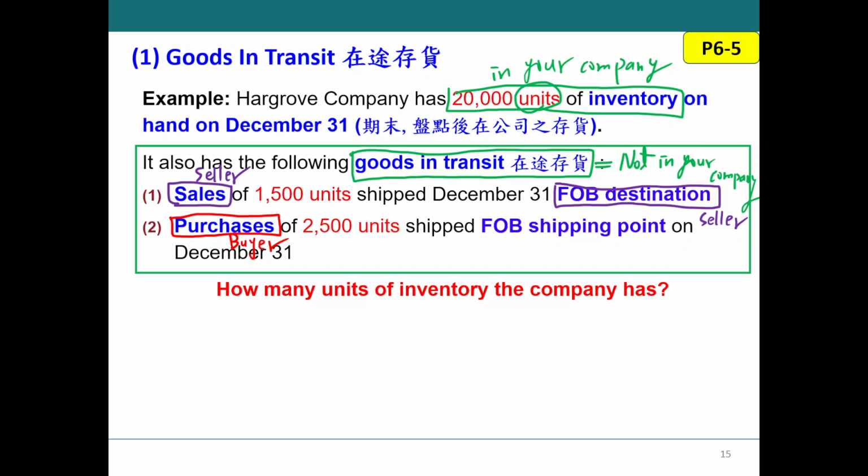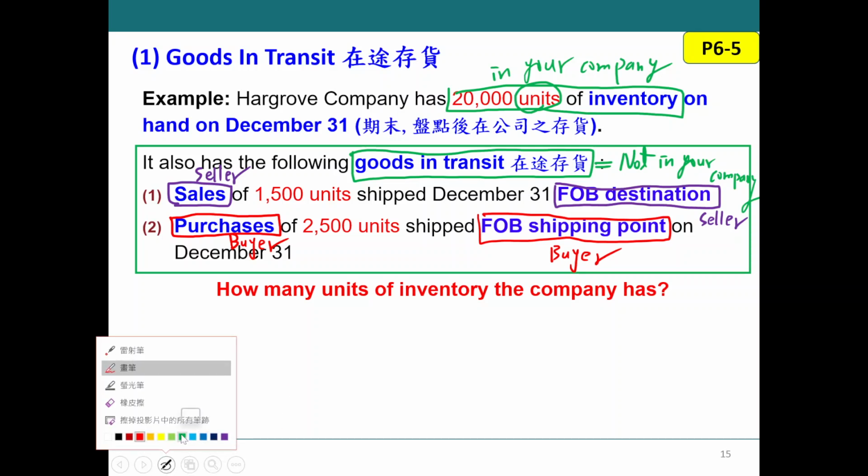So shipping point told you the two apples belong to buyer. So is it yours or not? It's yours, right? Why? Shipping point told you belong to buyers. Who are you? You are buyer. So that's yours.